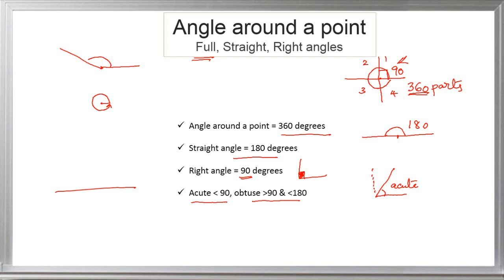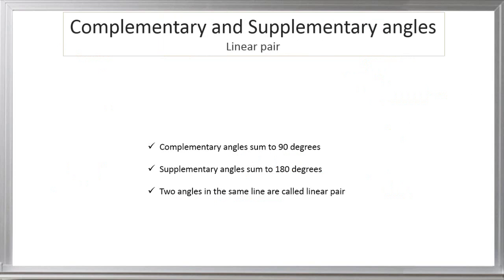If I have an angle which is more than 90, this big angle is called an obtuse angle. An obtuse angle is more than 90 and less than 180, and once it touches 180 it becomes a straight angle. So we know the full angle is 360 degrees, straight angle is 180, right angle is 90, acute is less than 90, and obtuse is between 90 and 180.